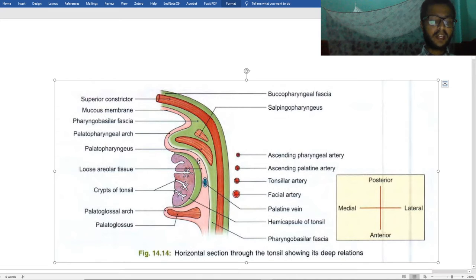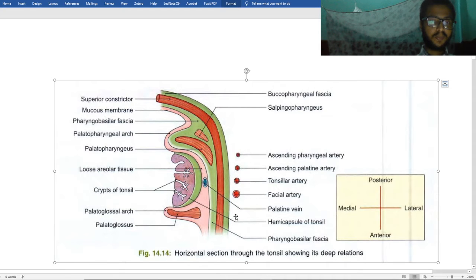But antero-inferiorly the capsule is firmly adherent to the side of the tongue with the suspensory ligament of the tonsil, just in front of the insertion of the palatoglossus and palatopharyngeus muscles. This firm attachment keeps the tonsil in place during swallowing, and the tonsillar artery enters the tonsil by piercing the superior constrictor just behind the firm attachment.